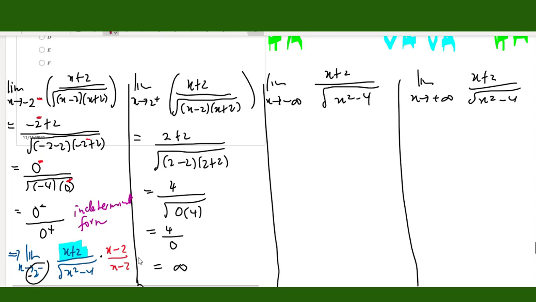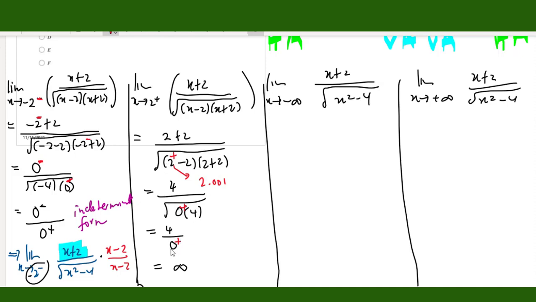Now check which infinity, positive or negative. Okay, so for 2 from the right, let's say it is 2.001. Then x minus 2 is more than 0, and x plus 2 is positive, and we get 0 positive. So actually this one is positive, under the square root positive.